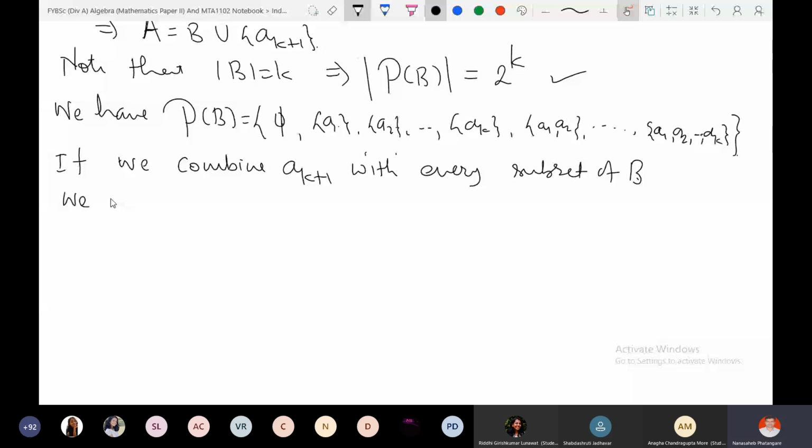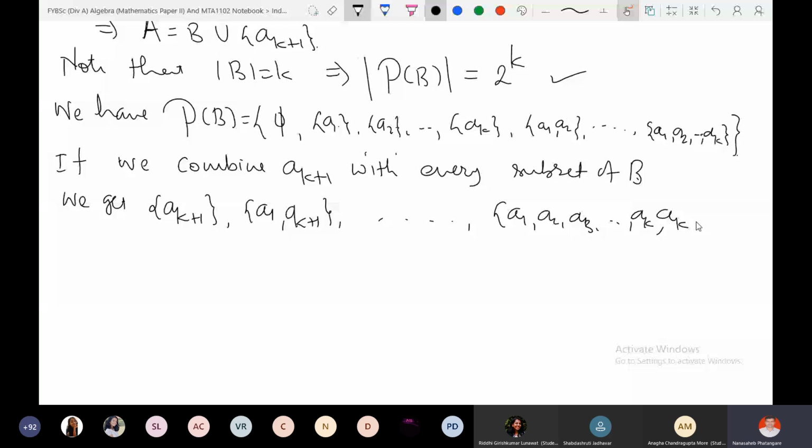So which sets will we get if we combine AK plus 1 with phi? We will get {AK plus 1}, right? If I combine AK plus 1 with A1, what will I get? {A1, AK plus 1}. Fine. So combine AK plus 1 with each element in the power set of B, each subset of B. So ultimately what I will get is {A1, A2, A3, ..., AK, AK plus 1}, because I am combining AK plus 1 with every element.